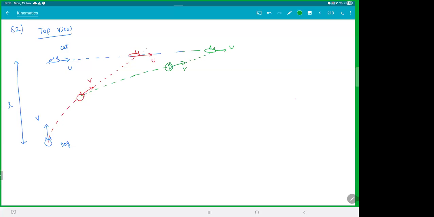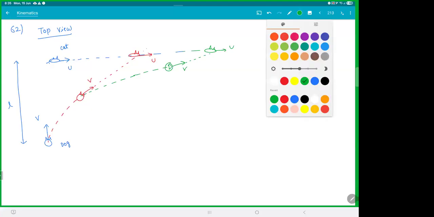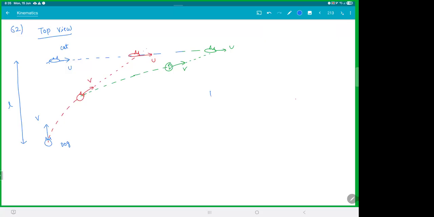As the cat is going away in a line, the dog is running behind this cat, and it is always looking at the cat, running with a constant speed V.